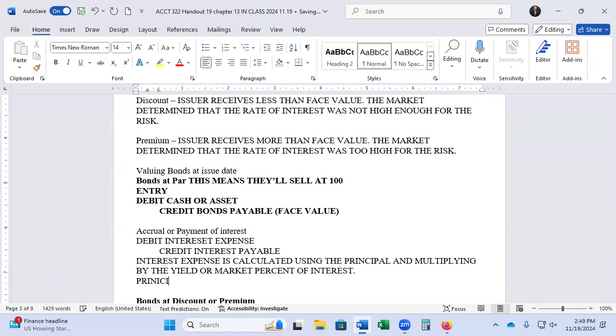So principal times rate times time. Hopefully you remember that formula.